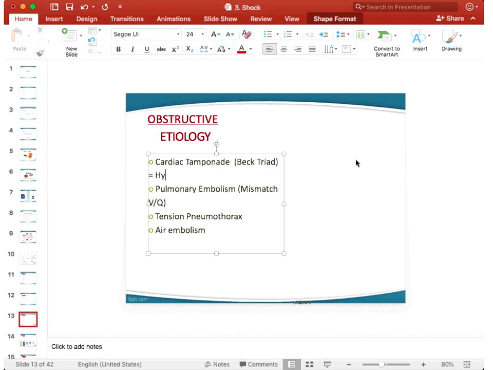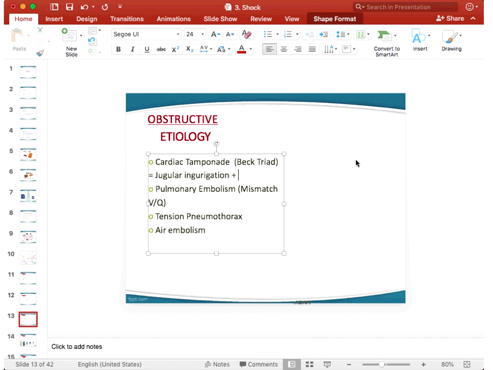I don't know how to say it in Spanish, but one of them is ingurgitación jugular. Yes, the triad is, as you said, jugular ingurgitation, right?